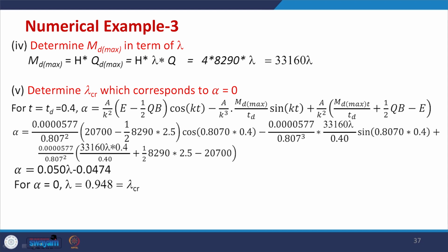So, alpha is given by this relation, we put all the numbers here and then equate alpha equal to 0. So, what you get? You get an equation in alpha in terms of lambda, and then equate this equal to 0, then ultimately you end up with lambda equal to 0.948, which is lambda CR. So, this is your first answer. That means the load factor should be 0.948 to get the 0 rotation.